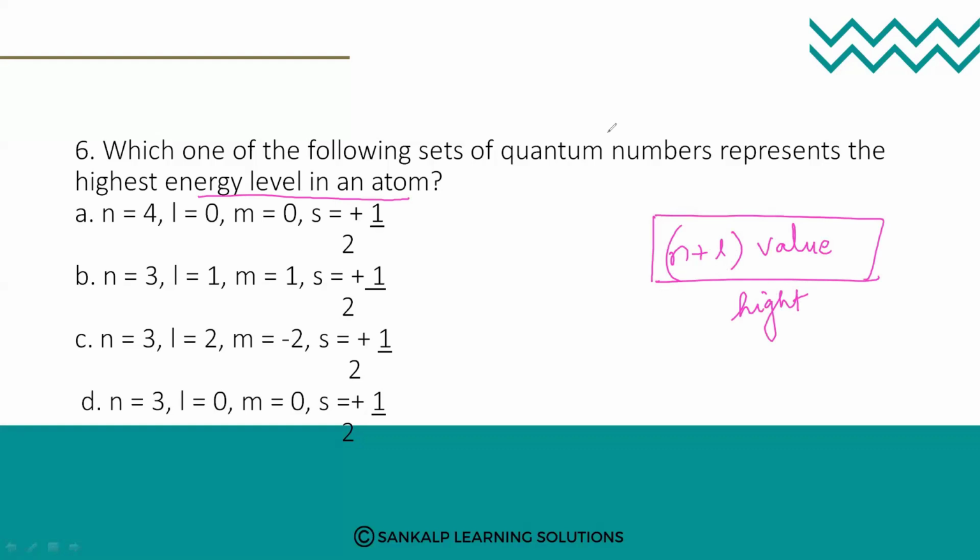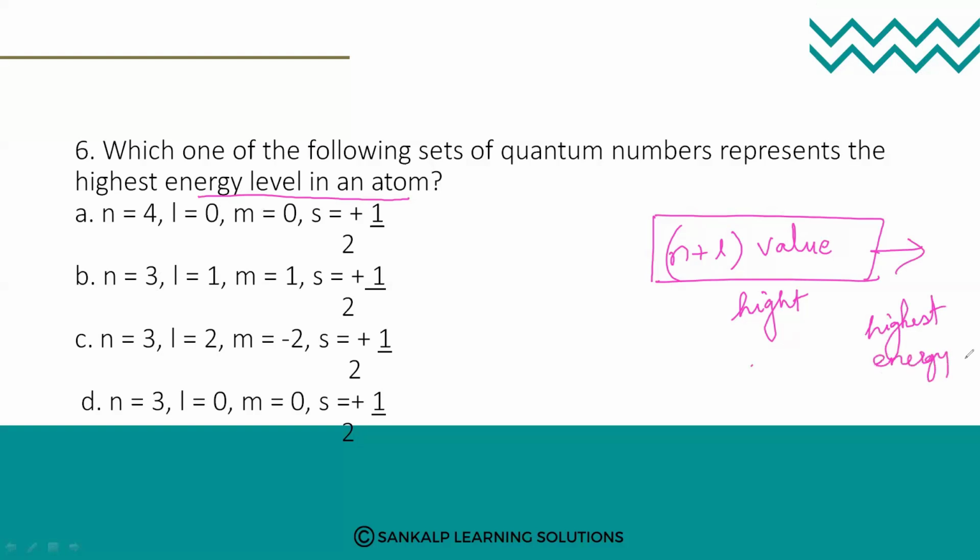So you have to find the n plus l value for all four options. Whoever's n plus l value is highest, that represents the highest energy.